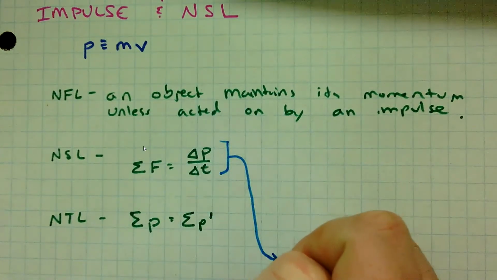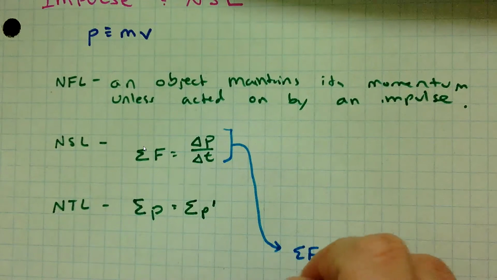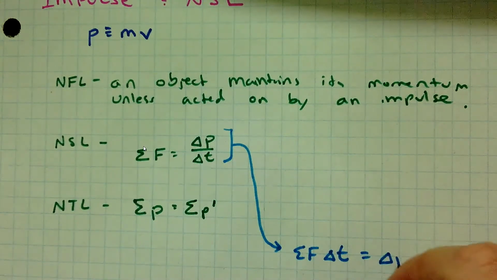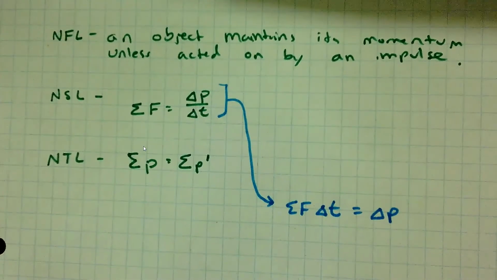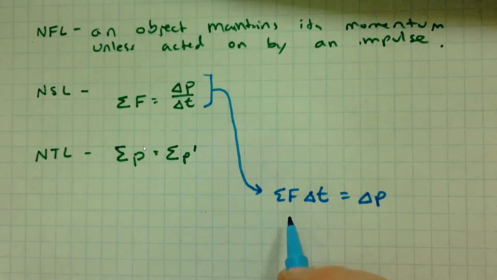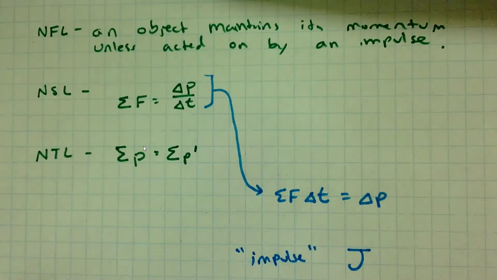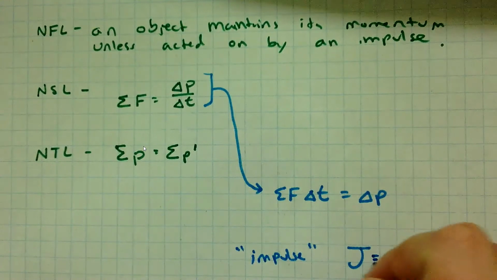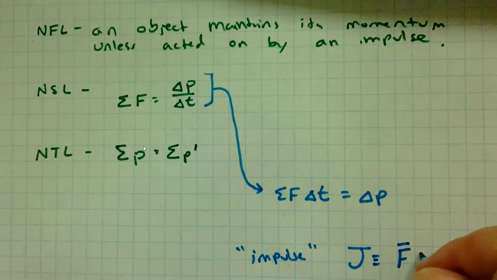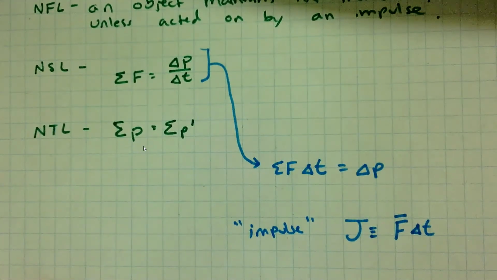If I take this second law equation and rearrange it a little bit, I can write force times delta T equals delta P. This term here we're going to define as impulse, a new thing with the symbol J. Impulse is defined as the average force acting on an object times the delta T. Then we can say that impulse causes change in momentum.